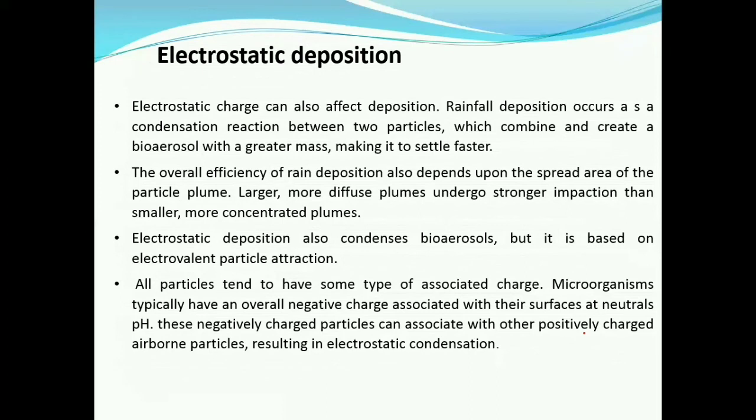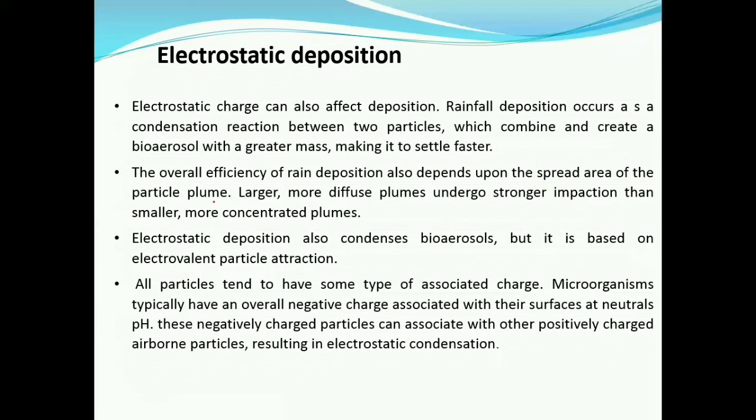The overall efficiency of the rainout deposition also depends upon the sprayed area of the particular plume. The more diffuse plumes undergo stronger impaction than the smaller and more concentrated plumes.